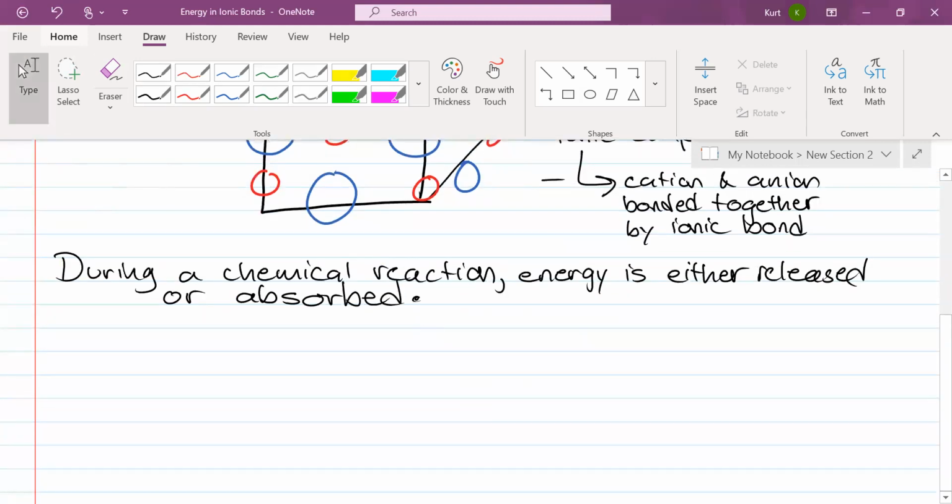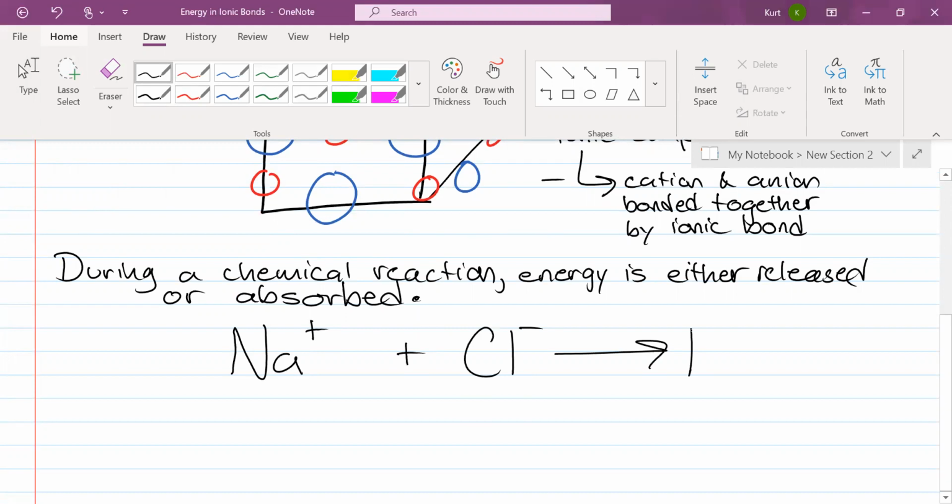We will not get into chemical reactions until Unit 8, but you actually did them on your homework recently. This is a chemical reaction. Sodium ion reacts with a chloride ion to yield sodium chloride.